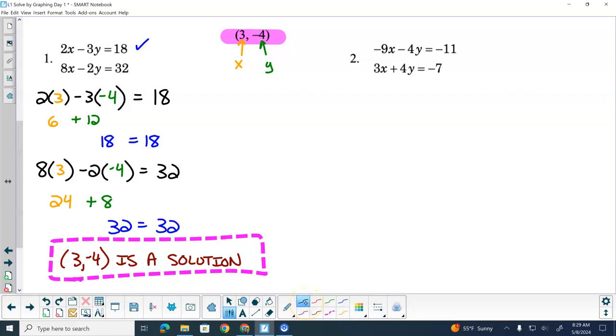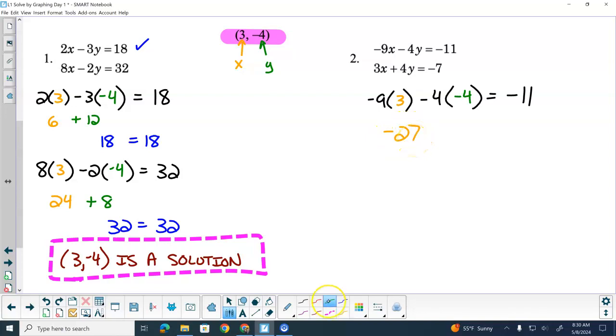We'll try it. So if we go negative 9 times 3 minus 4 times negative 4, that's got to equal negative 11. Negative 9 times 3. Coro, I think we're up to you. Negative 27.